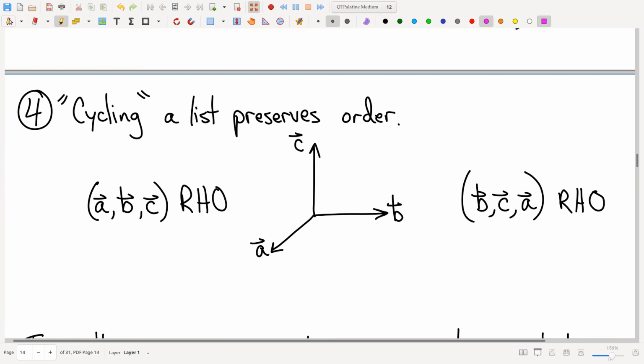It's what we call cycling the list. Cycling means that we're going to take every vector, its position in the list, and move it over by one. Every vector, move it over by one. This vector here, I can't move it over by one.